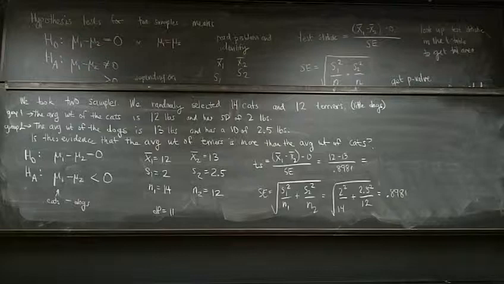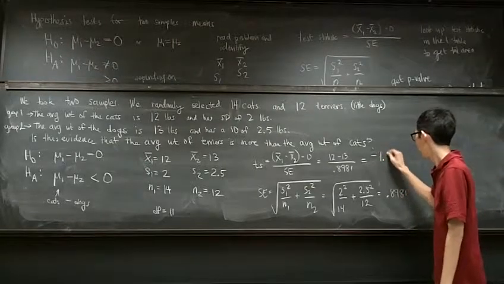So my test statistic is 12 minus 13, negative 1, divided by 0.8981, which gives negative 1.113.